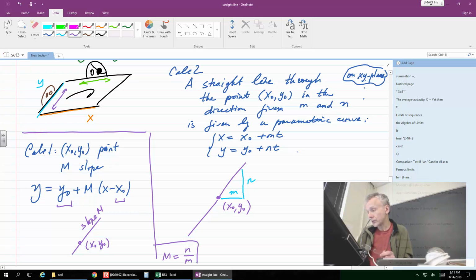That's the slope, rise over run. What I described as velocities with respect to x and y are in fact simply run and rise, if you prefer that language. m is the run and n is the rise.